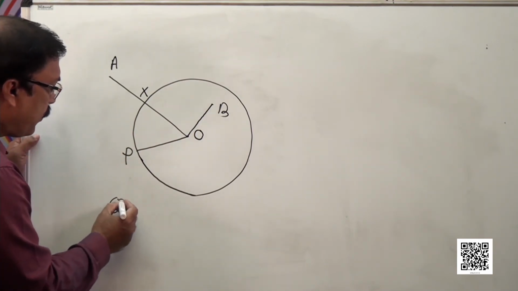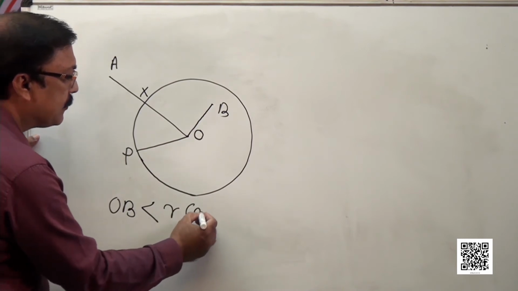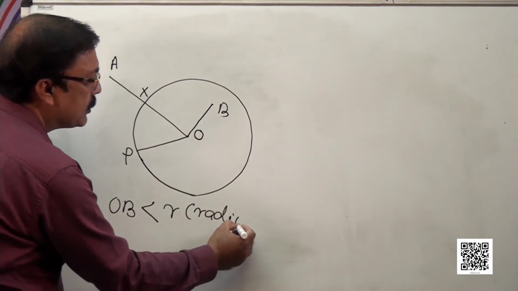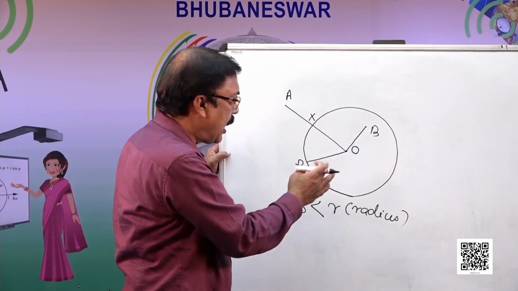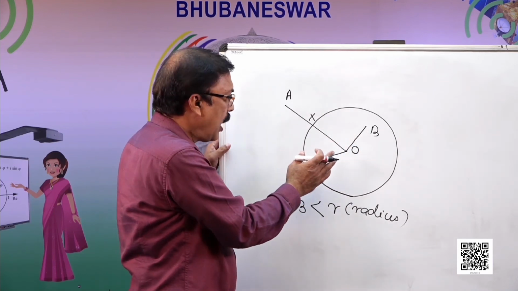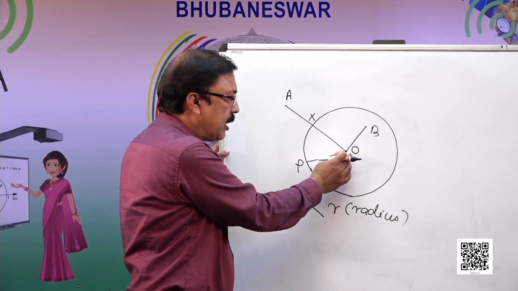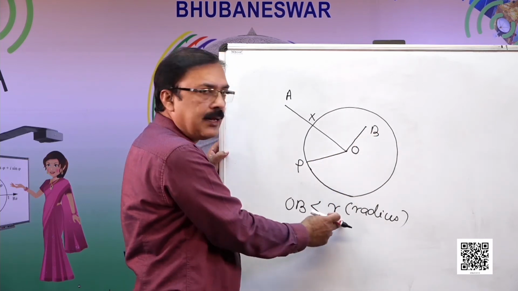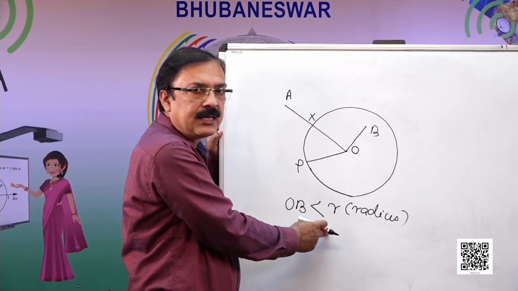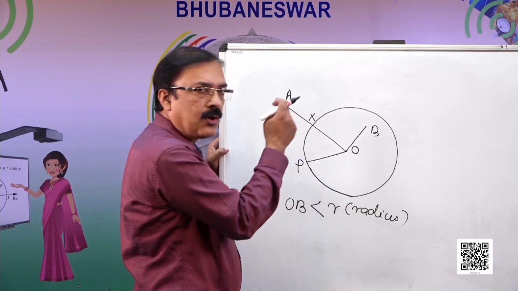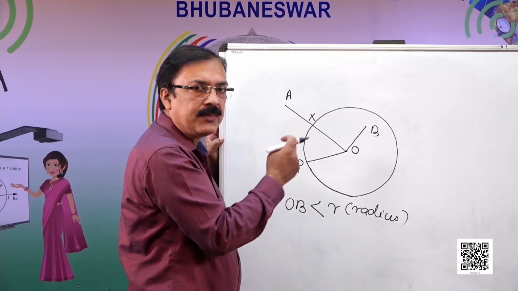Definitely OB is less than radius R. That means B is in the interior of the circle, and the distance of the point from the center is less than the radius. So whenever such a case arises, that point is always inside the circle.